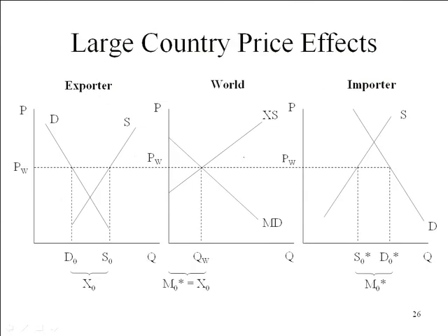Now let's think about the large country. Again, we can go through the same exercise. We know what's going to happen in the export country. The export tax will drive the domestic price down, reducing the volume of exports.